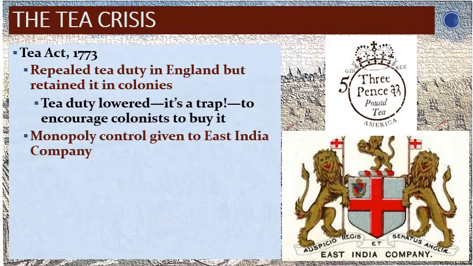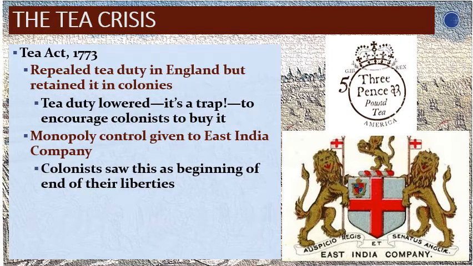Because this was a monopoly given to the East India Tea Company, it also seemed unfair that the colonies are basically having to deal with one company. They don't get freedom of choice here. So colonists, in their conspiratorial mindset, see this as the beginning of the end of their liberties, slowly seeing their freedoms being taken away from them with a cup of tea.